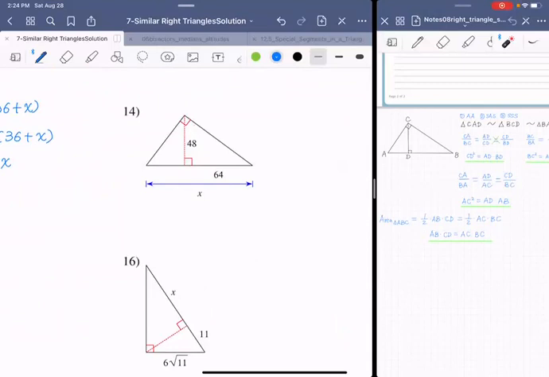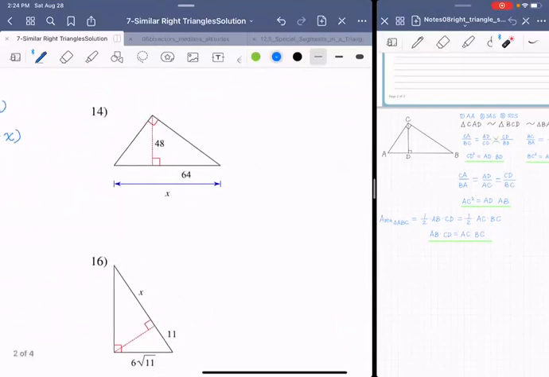Person number 14. 48 squared equals 64 minus x. Wait, hold on.